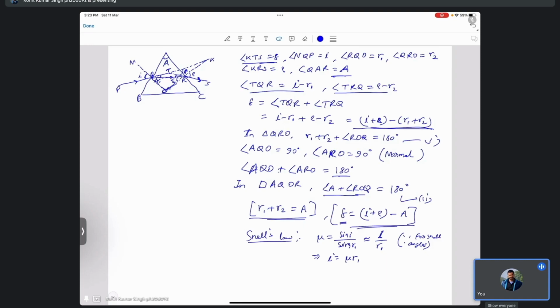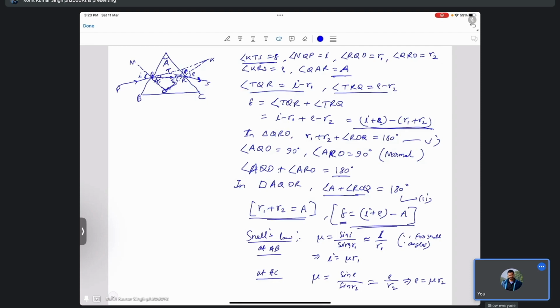And similarly on the other side, this is for Snell's law at AB, and at AC you have mu equal to sine e by sine r2. Here also, taking small angles, it will be e by r2. So you have e equal to mu r2.